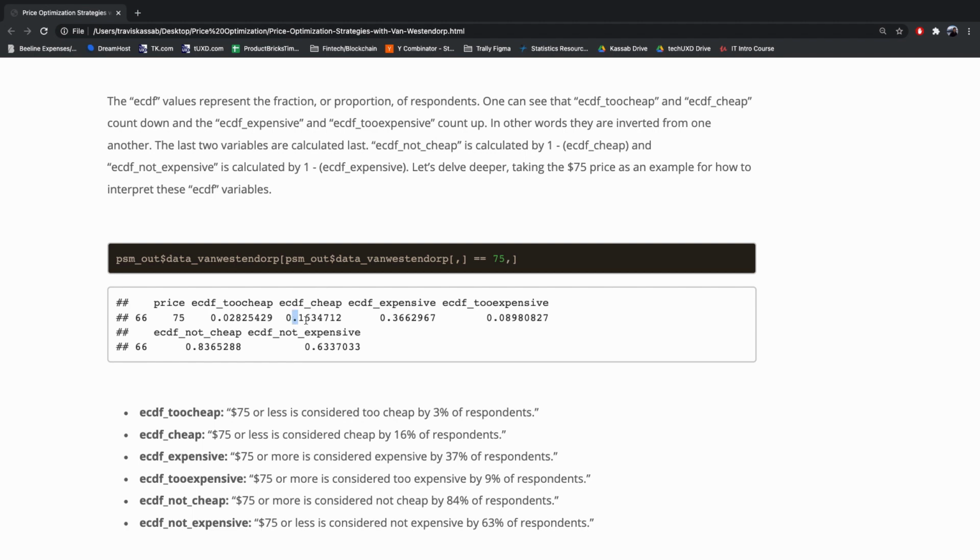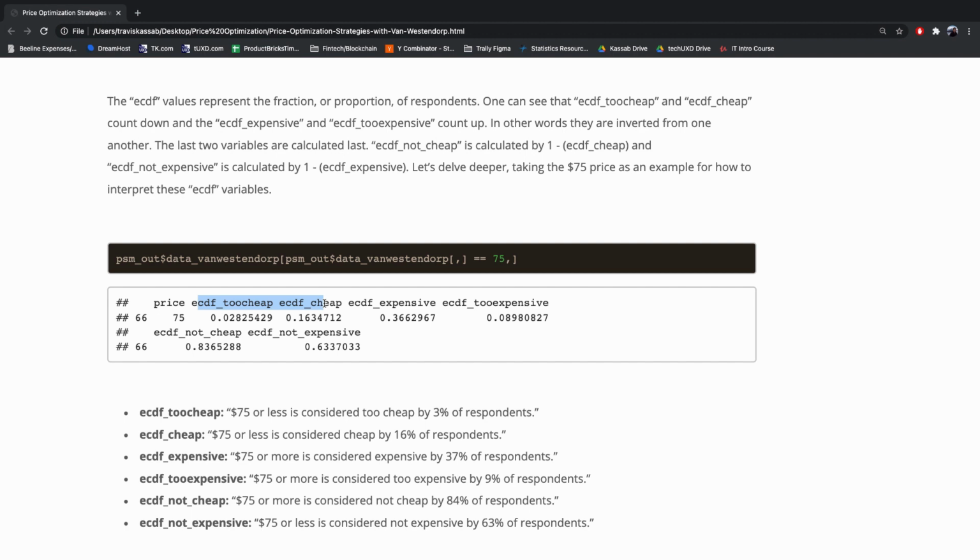ECDF cheap, so 16% of respondents believe $75 or less is considered cheap. 37% of respondents think that $75 or less is considered, and this is where you need to catch these things. So ECDF expensive, actually, so too cheap and cheap, their cumulative distribution function decreases with price increase, and then the inverse is true for expensive and too expensive.